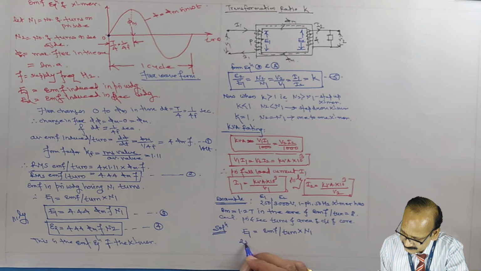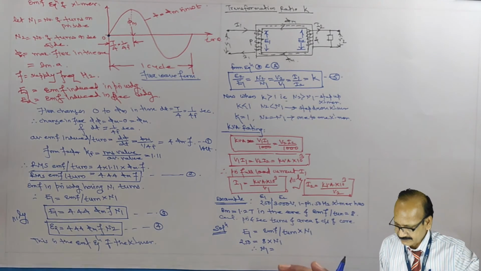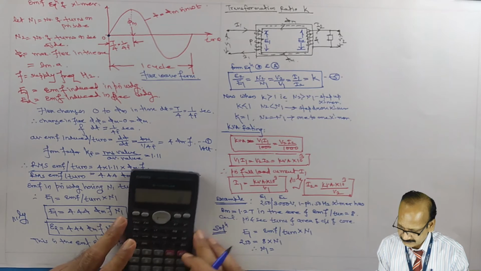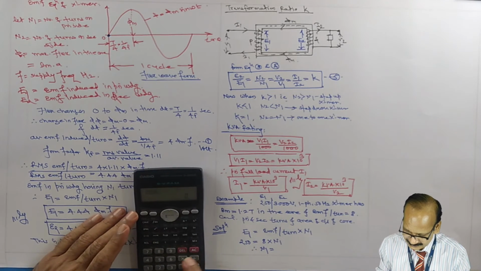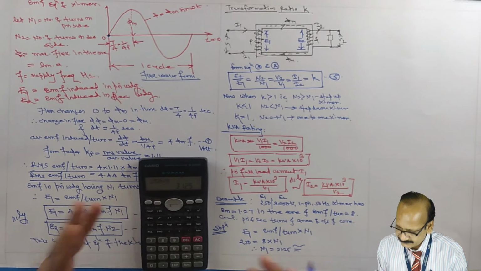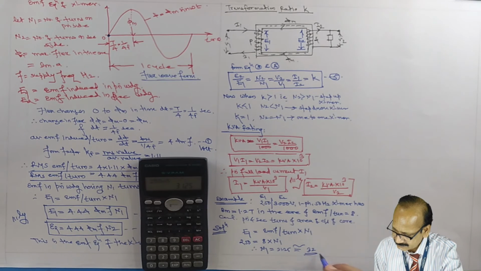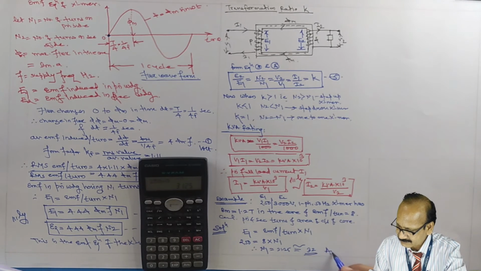So 250 equals 8 multiplied by N1, and therefore N1 equals 250 divided by 8, that is 31.25, but we cannot take a fraction and therefore it is 32 turns. 32 is the correct answer.